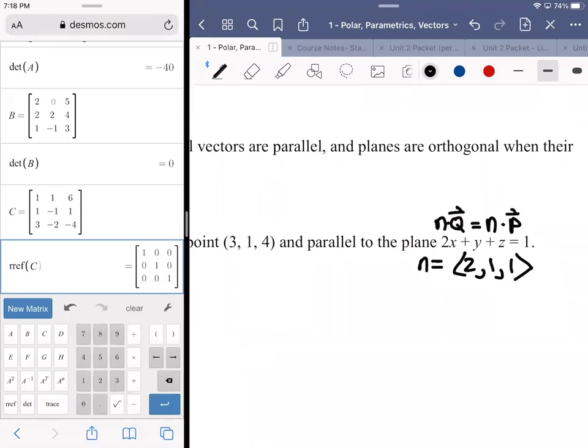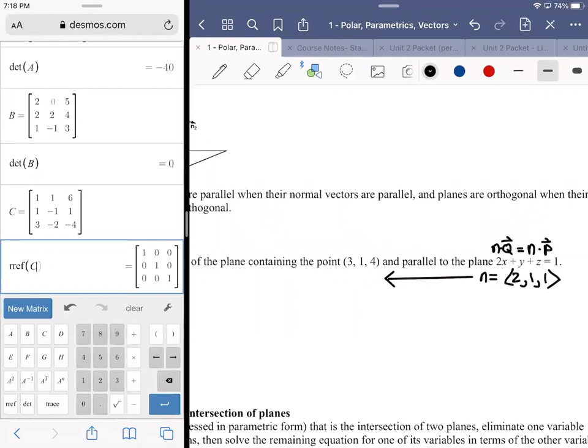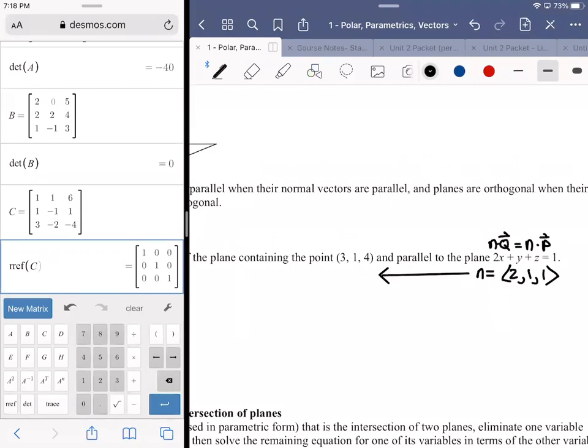So now I could use that normal vector to come up with the equation of the plane that involves the point 3, 1, 4. Right. So then this becomes my point P. So vector P has the same components, 3, 1, 4.